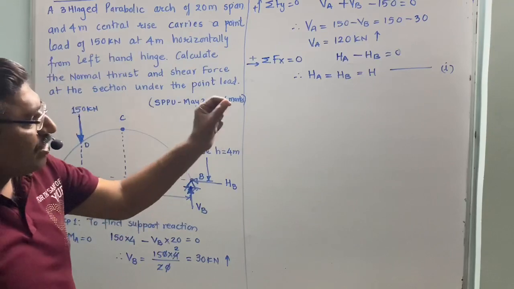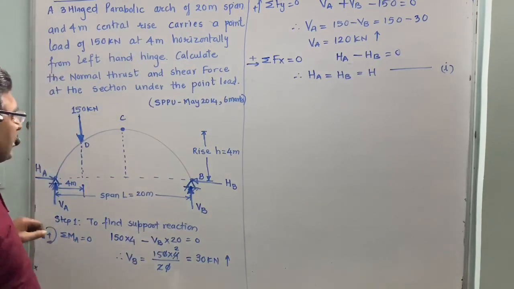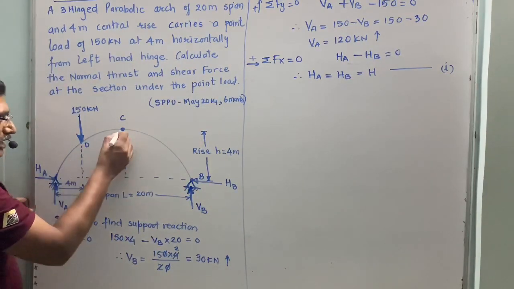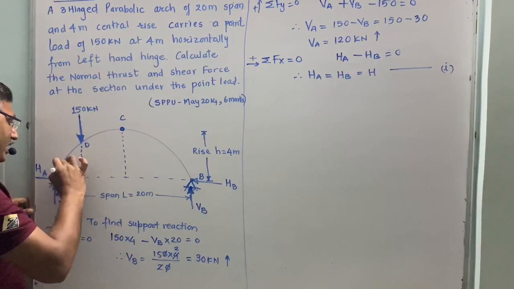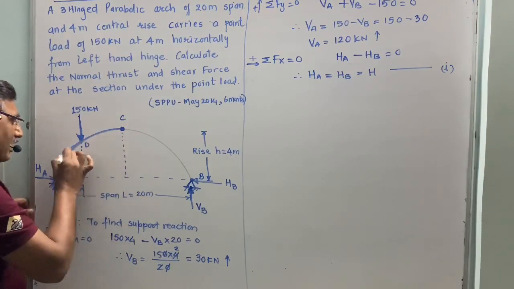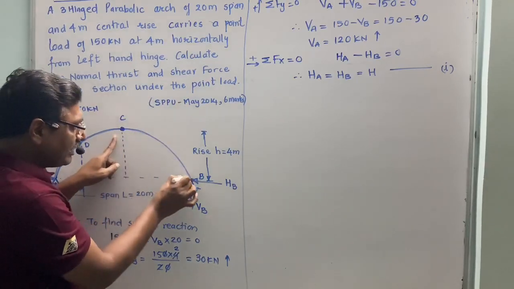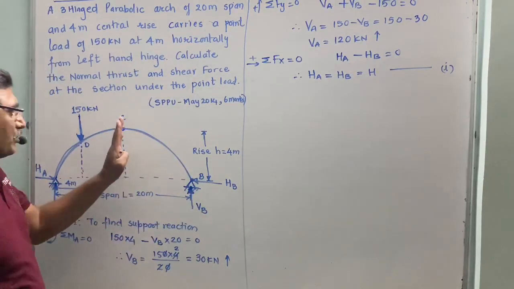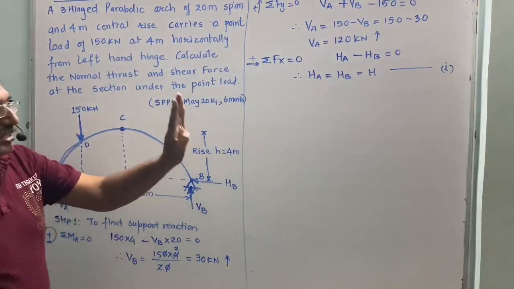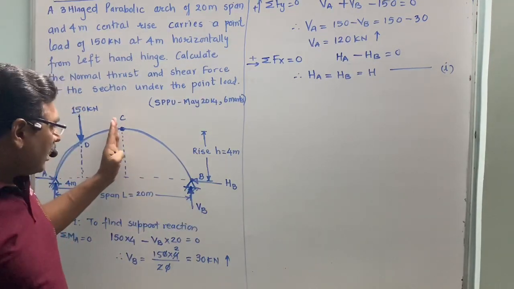Now to find this horizontal thrust, what will we consider? We have this hinge, so we can consider either the equilibrium of the left half portion or the equilibrium of the right half portion. We have the freedom to consider either the left or right side of the arch.